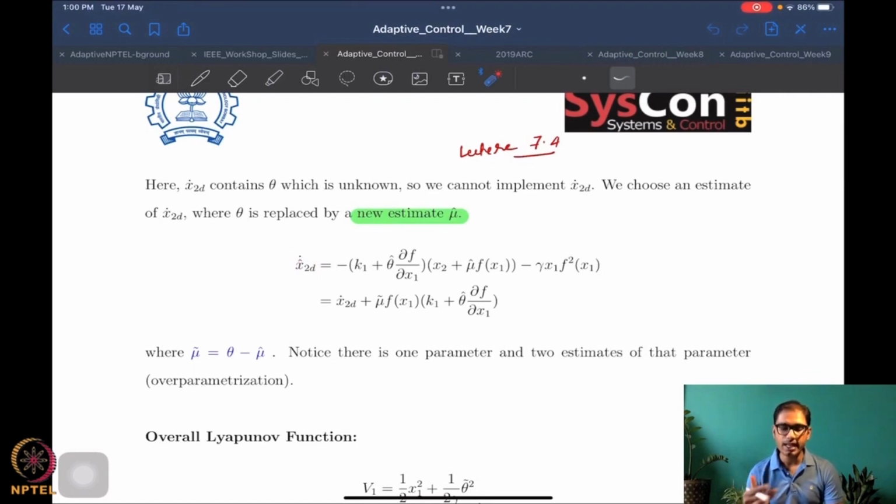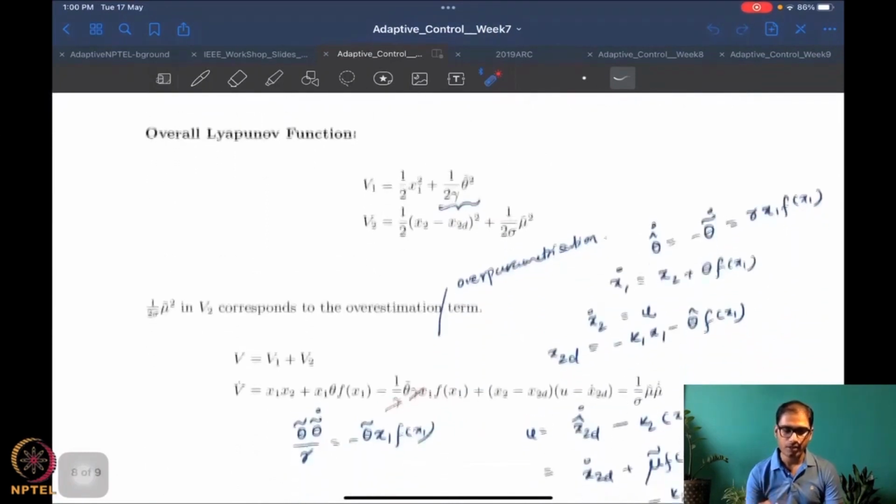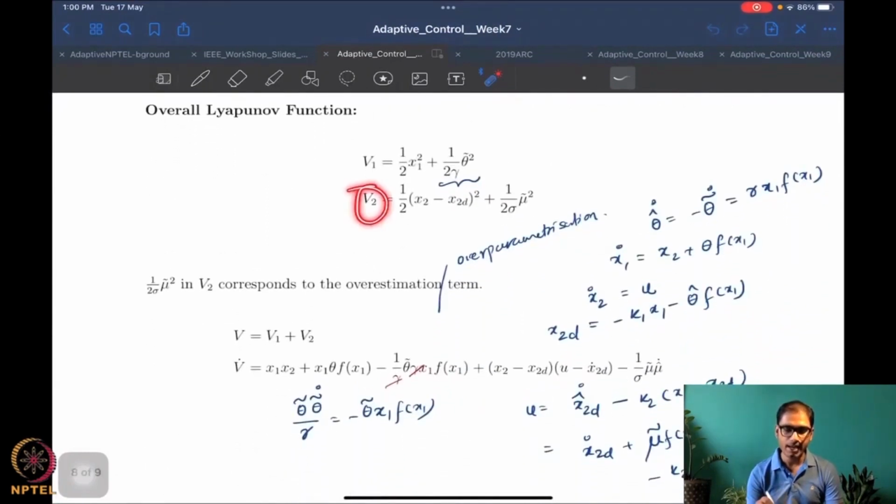Then we continue this analysis with this new mu hat, and the candidate Lyapunov function also contains a mu tilde on top of the theta tilde. Essentially, because we have two estimates for the same parameter, we have two terms corresponding to the parameter errors, so there are two different parameter errors.